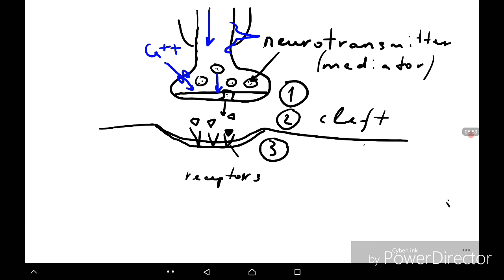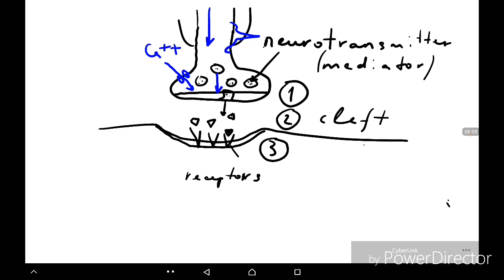What happens then? Then the situation depends on the type of neurotransmitter and the type of its effect on the postsynaptic membrane.